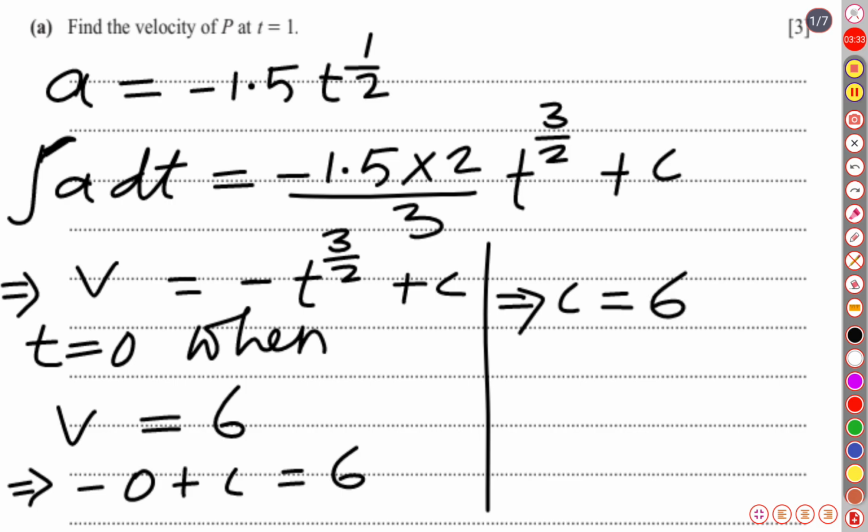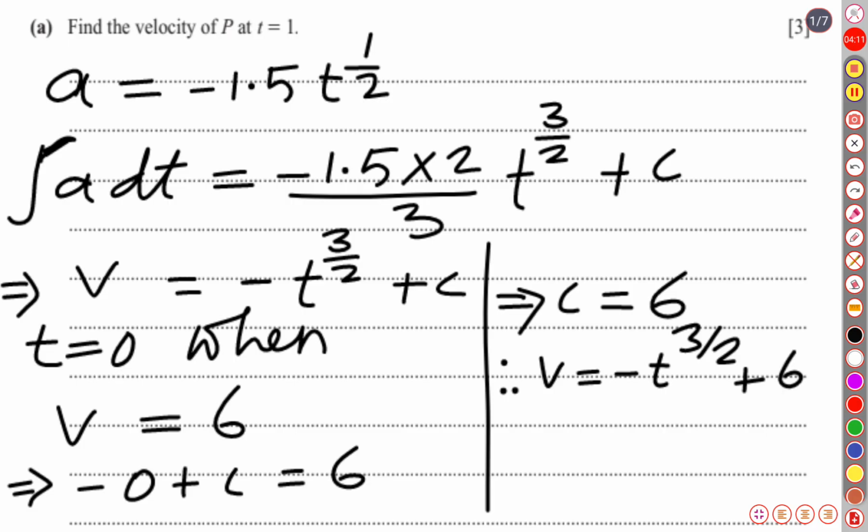So simply we can write our velocity. Hence the expression for velocity is v is equal to negative t raised to 3 over 2 plus c, where the constant number is 6.